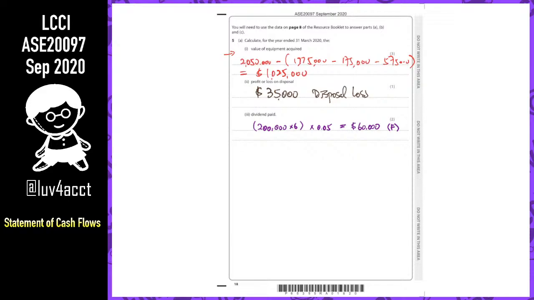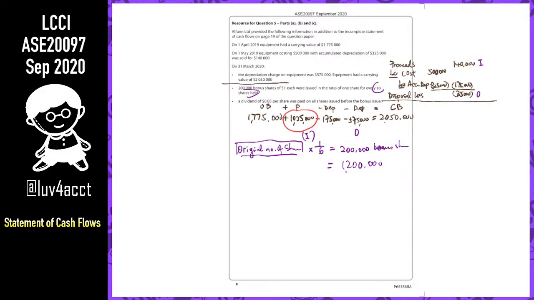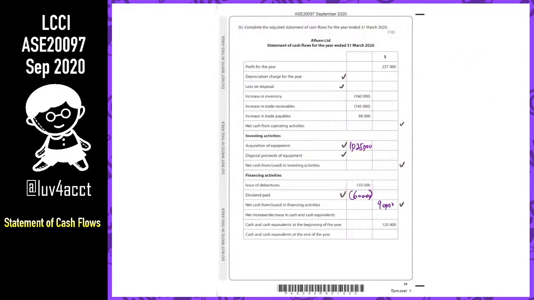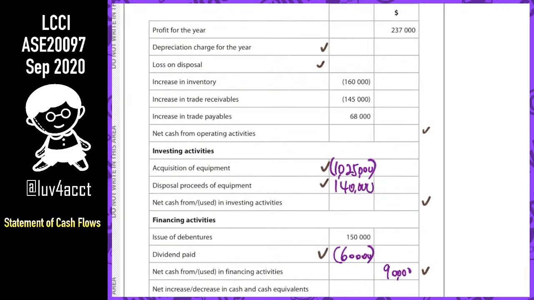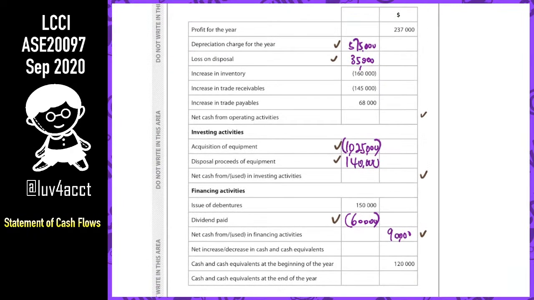Let me move it down. 1025, correct. Proceeds 140. This one is negative. And loss on disposal 35,000 added. And then depreciation 575,000 positive. So we can calculate all the totals. 25 plus 140, 885.